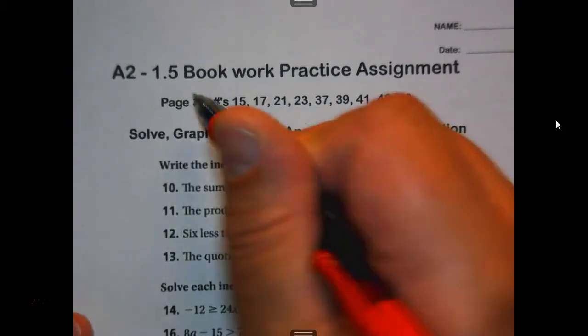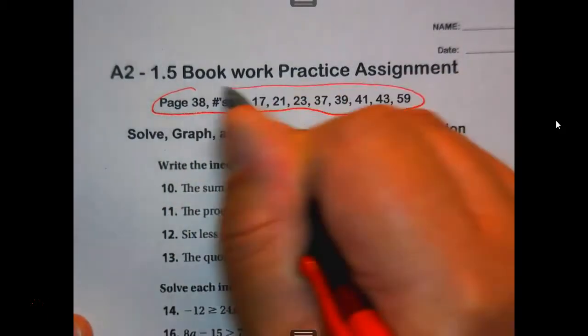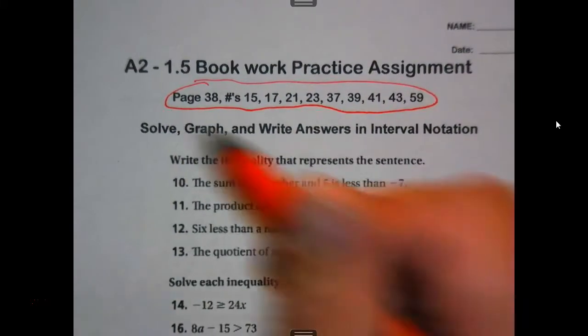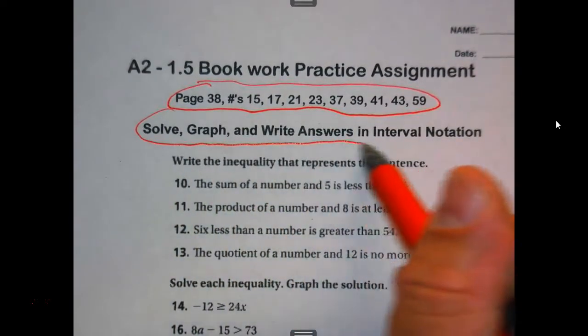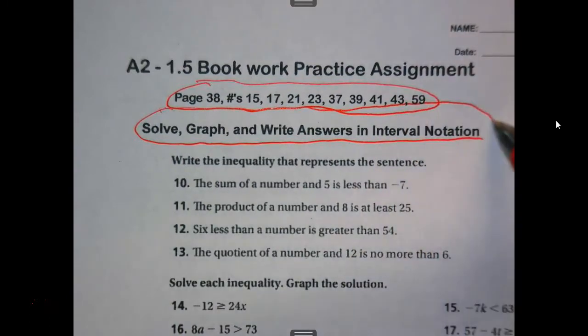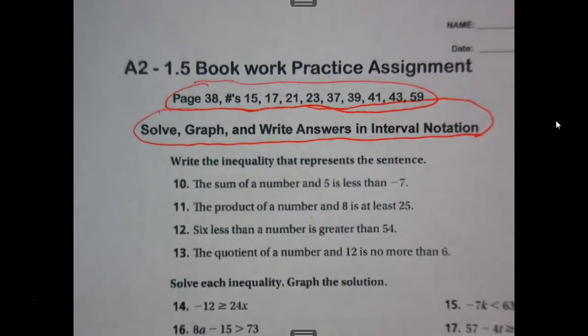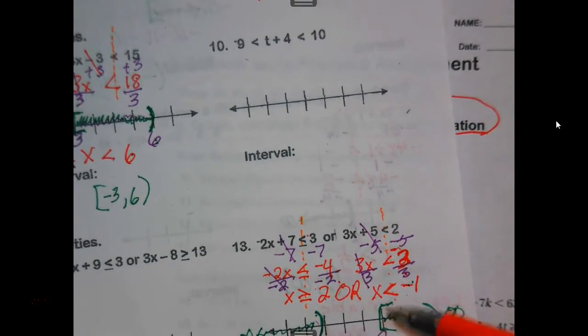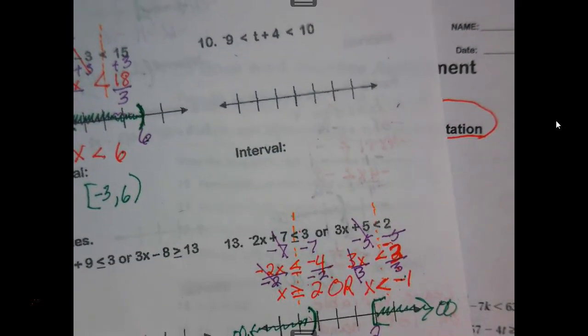You're only to do these problems 15, 17, 21, 23, 37, 39, 41, 43, and 59. I think that's 9 problems. And I want you to solve them, graph them on the number line with interval notation, and then write the interval notation. So just like my example problems. Solve them, graph them with interval notation on the graph, as well as the interval notation statement.